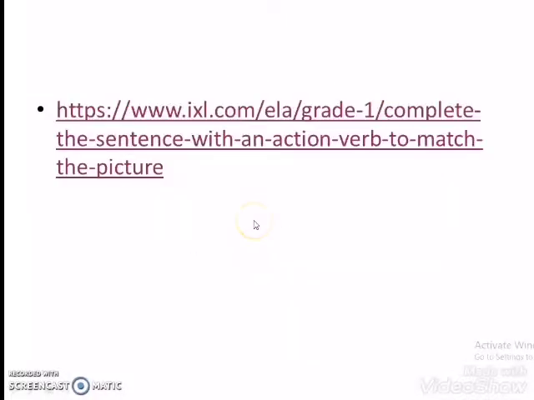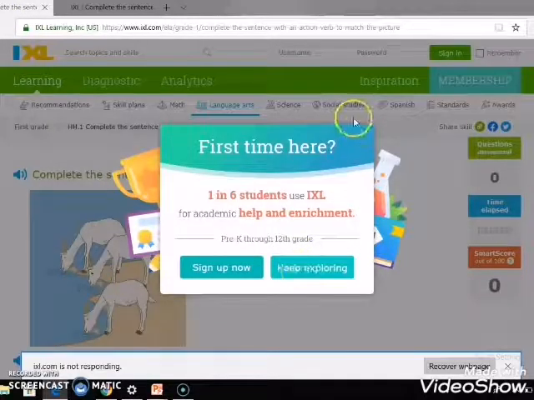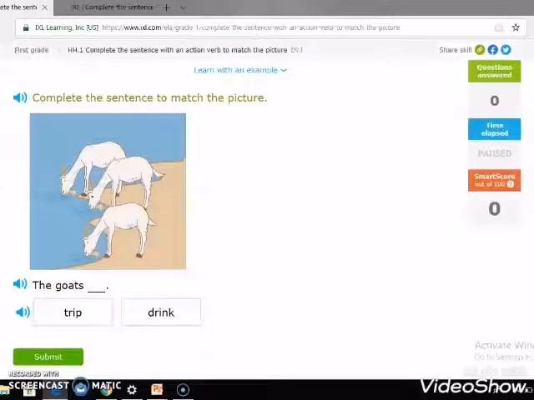Let's look at this game. Now we are going to complete the sentence to match the picture with the correct action verb.